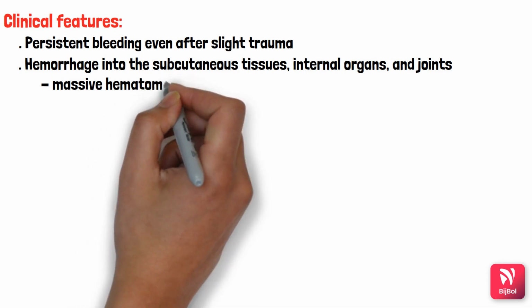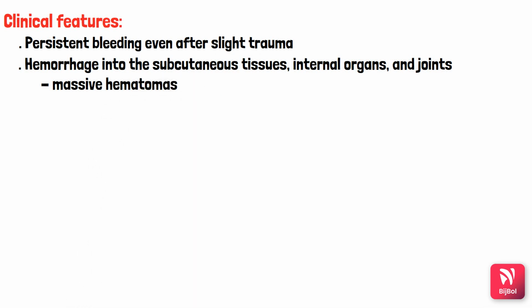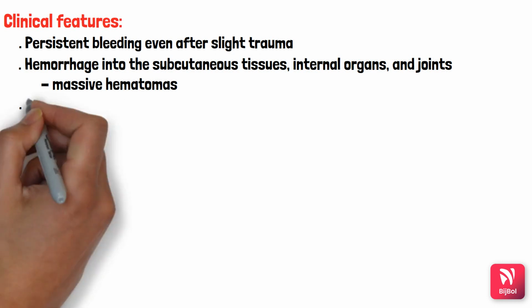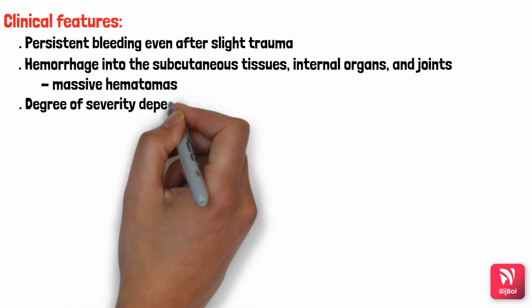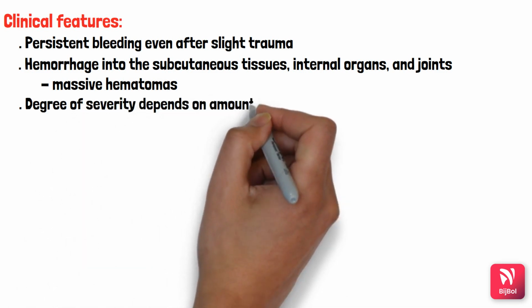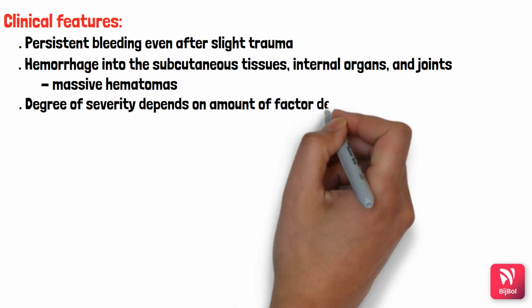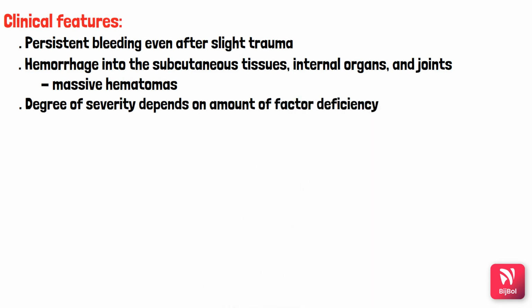The severity of hematoma formation depends upon the amount of factor that is deficient. Some patients will show only rare and mild bleeding, whereas some will show frequent and severe bleeding.